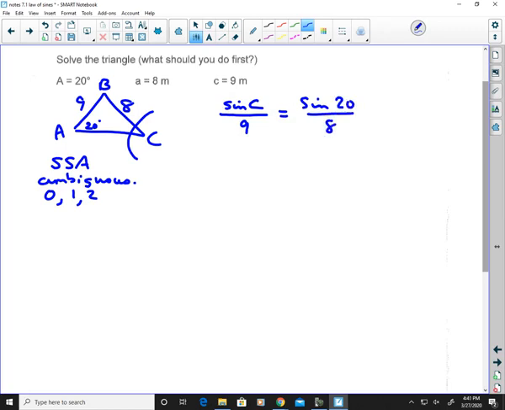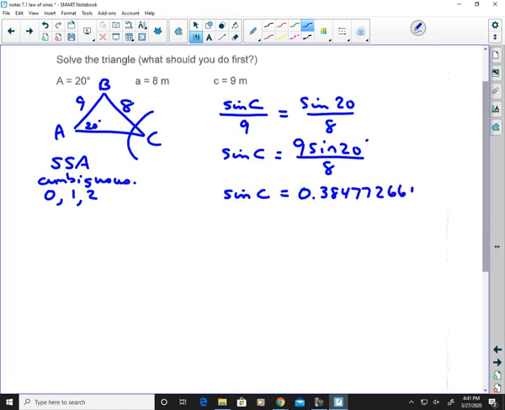Sine of C will equal 9 times the sine of 20 over 8, and that's really degrees. Let's find out what we're getting for a ratio. The sine of C ratio, the opposite over hypotenuse, is 0.38477266612.